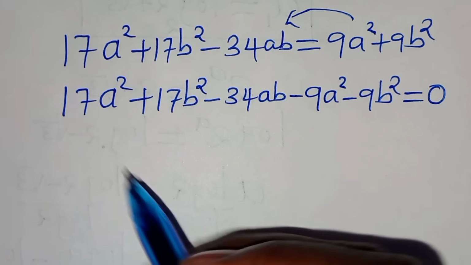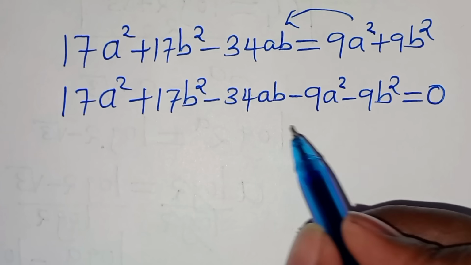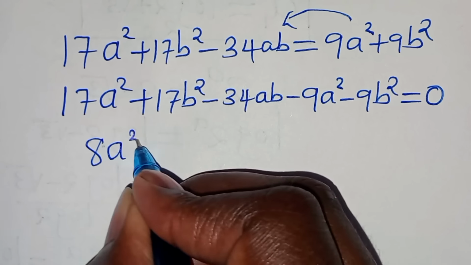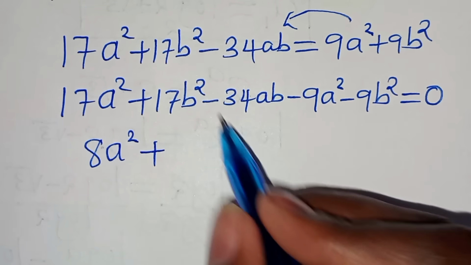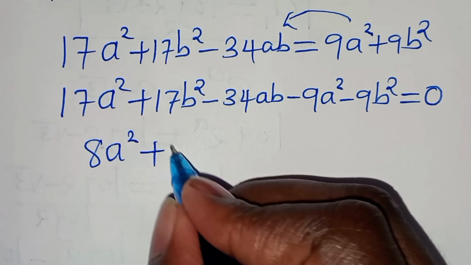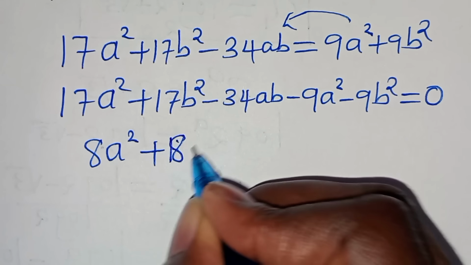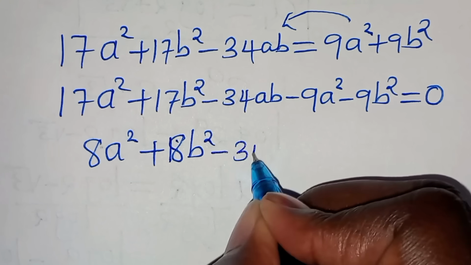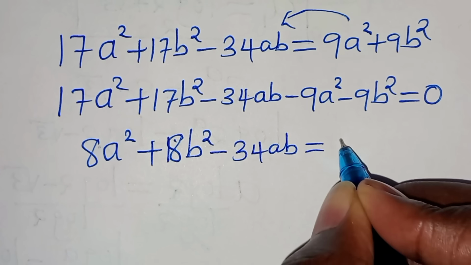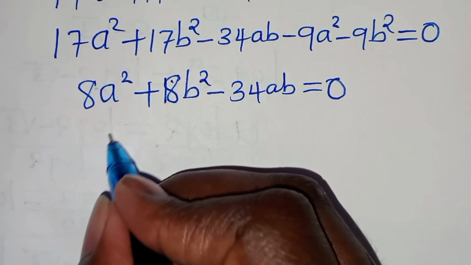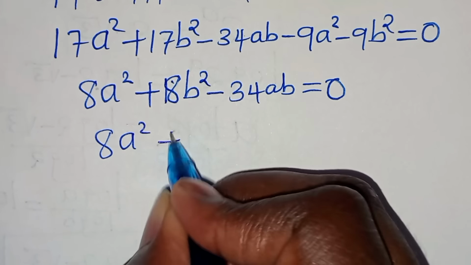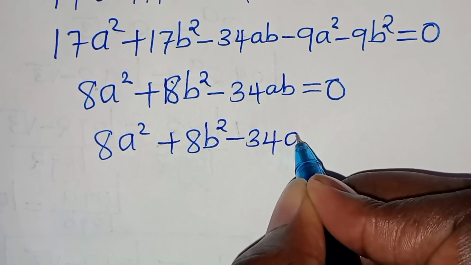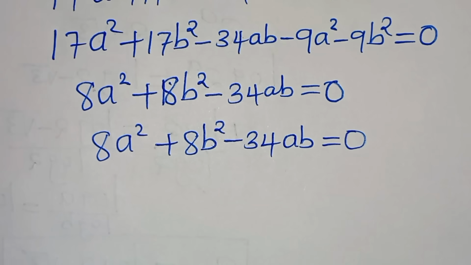Now, 17a² − 9a² is equal to 8a², plus 17b² − 9b², which is plus 8b², then minus 34ab, equal to 0. We have 8a² + 8b² − 34ab equal to 0.